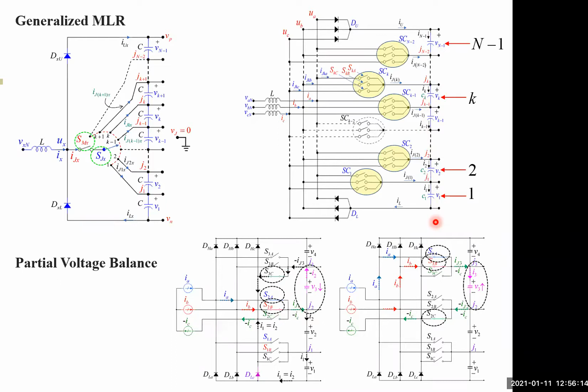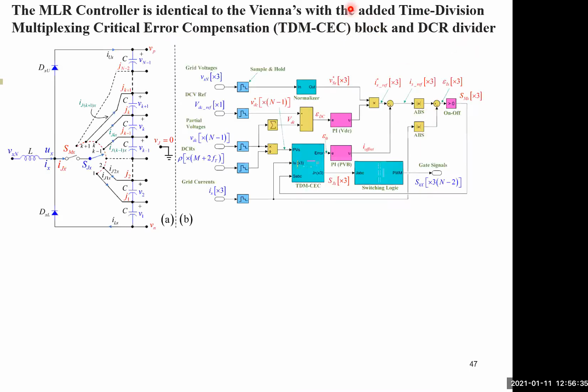So what we propose is that we simply borrowed a telecommunication approach, which, maybe you are familiar with, is called time division multiplexing. The MLR controller is virtually identical to the Vienna, with only added time division multiplexing critical error compensation, which we call the TDM-CEC block, plus a DCR divider block. So this is the virtually identical control block of the Vienna, and we have included 2 extra blocks.